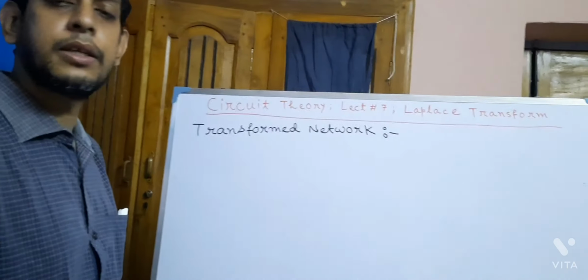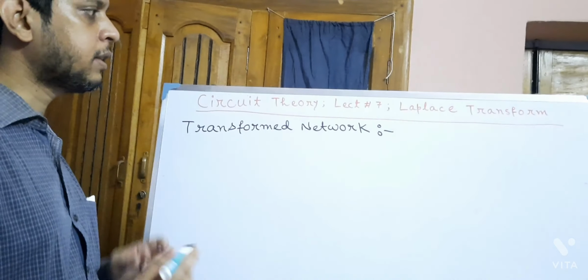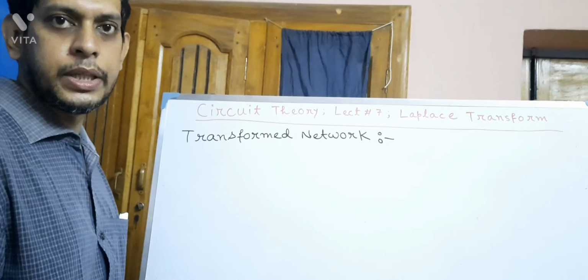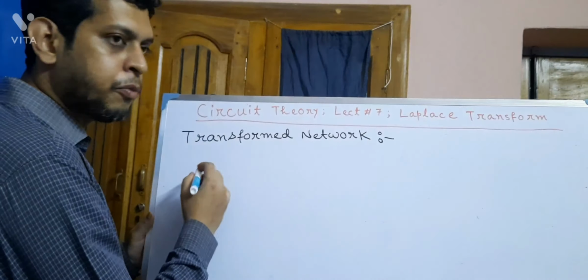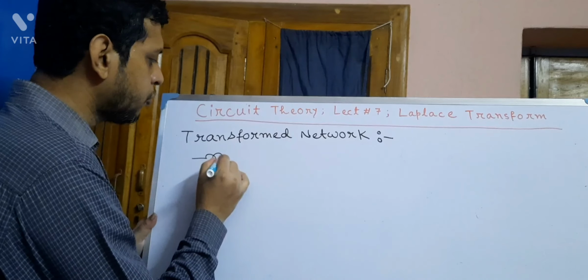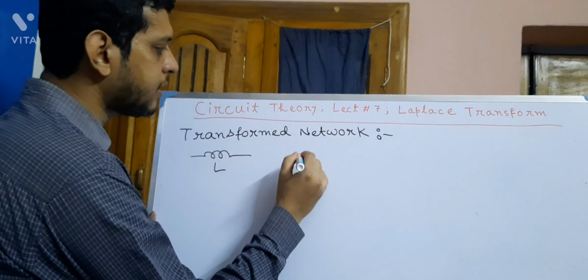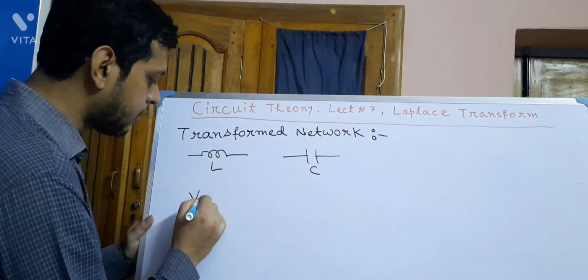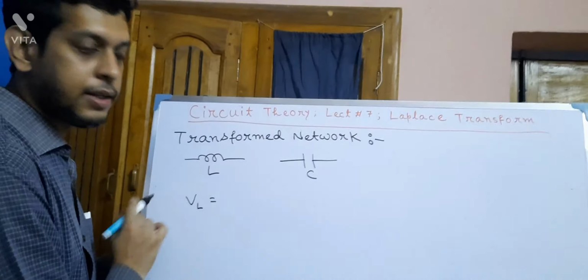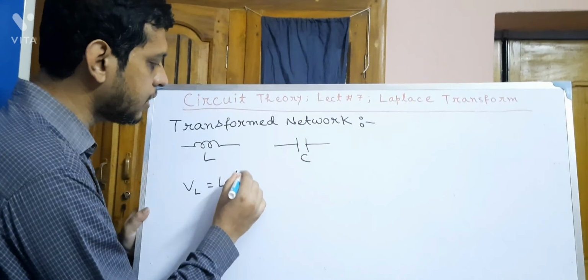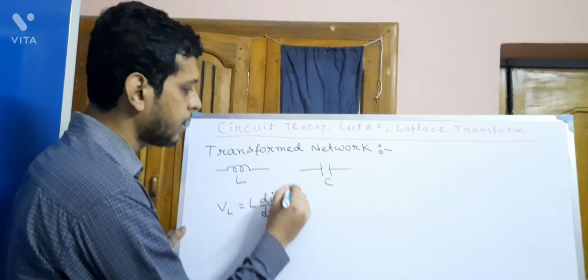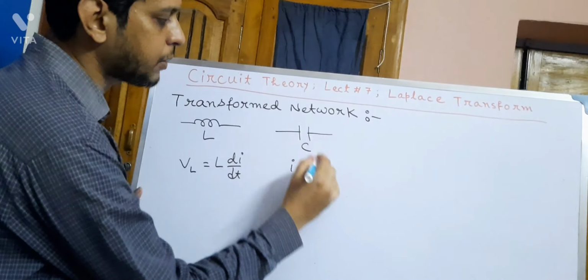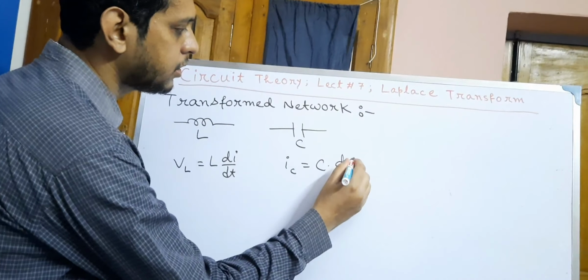Now we will see how to convert an inductor or a capacitor into the S domain. In the T domain, we have to deal with L and C, and the corresponding equations are here. Voltage across the inductor is equal to L di/dt, and for C the current through the capacitor is equal to C dv/dt.